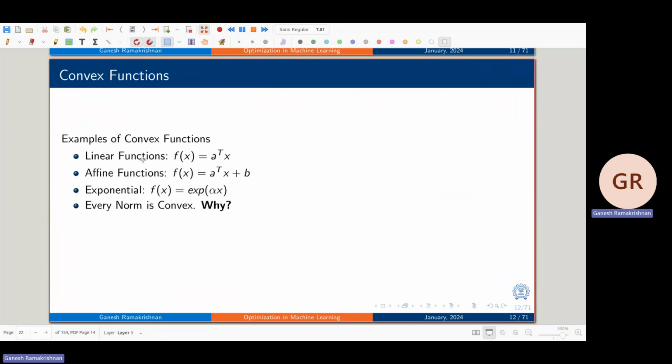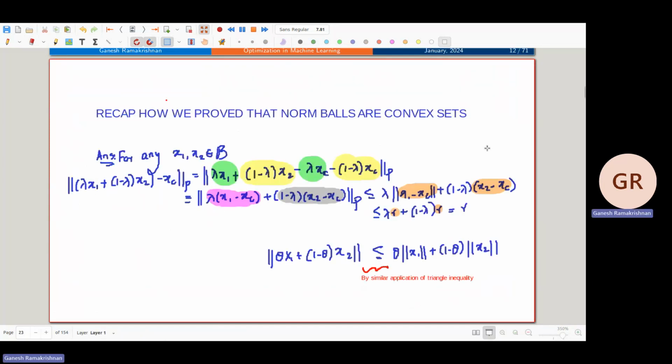The same proof will hold. What we used for the norm ball being a convex set will still hold for the norm function. Same steps. A little bit more involved, maybe, because now you have to deal with x1, x2. But it's not difficult.